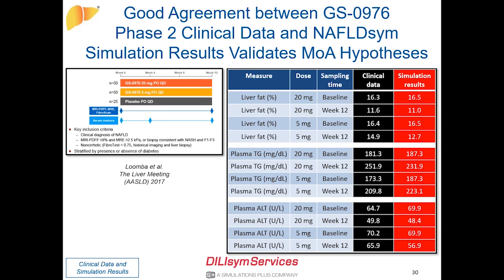What you'll note as you review it is that the predicted response in red really lined up quite nicely, baseline and post-treatment across the board, especially at the 20 milligram dose, but really quite nicely for the 5 milligram dose, including not only the reductions in steatosis, but also increases in plasma triglycerides.